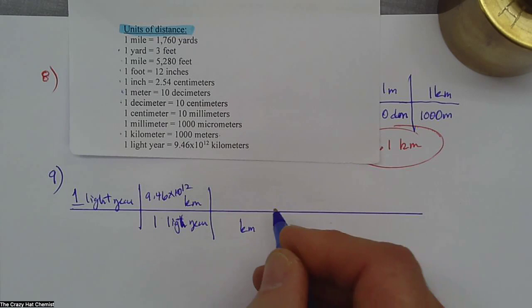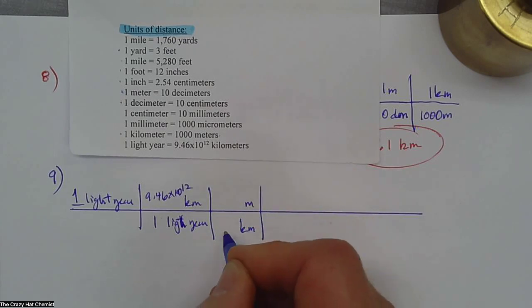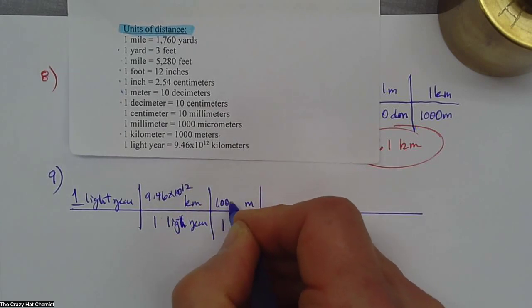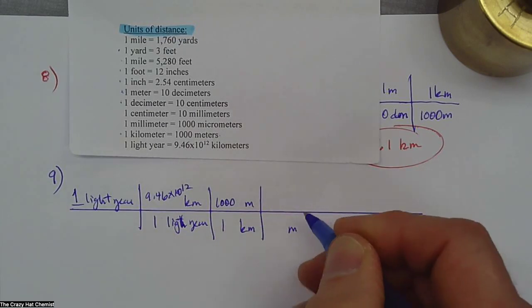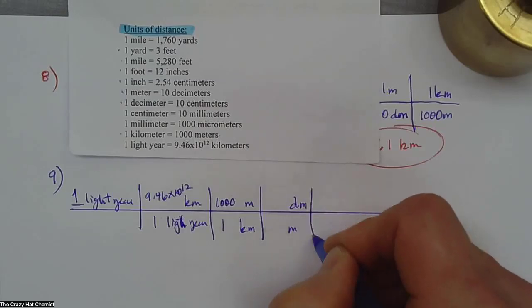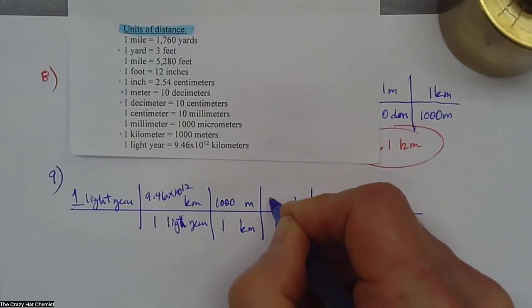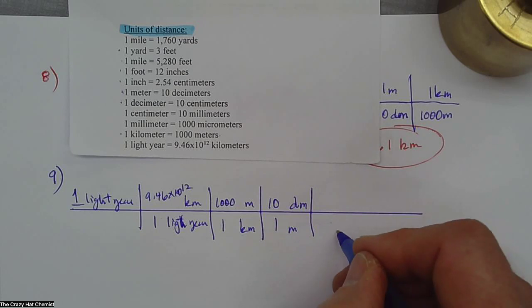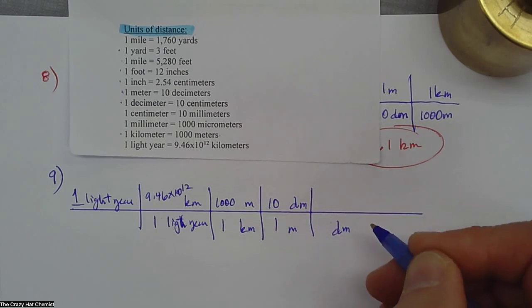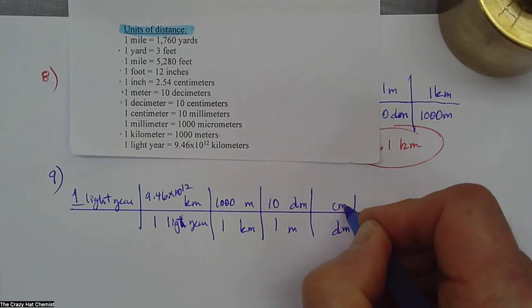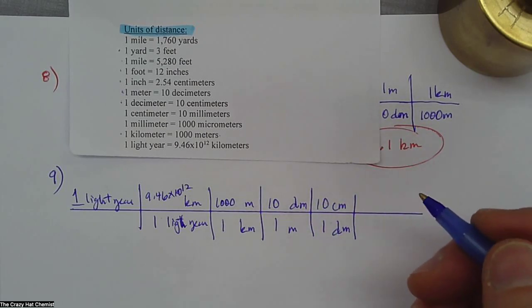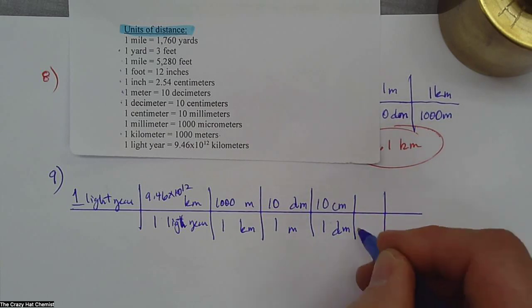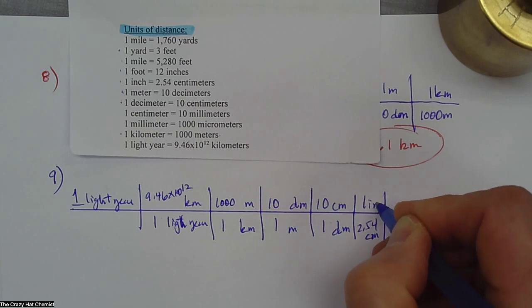Then we're going to have kilometers to meters: 1 kilometer, 1,000 meters. And then meters to decimeters, and 1 meter has 10 decimeters. And decimeters to centimeters: 1 decimeter, 10 centimeters. And we're looking for inches, so we can finally do that now. 2.54 centimeters equals 1 inch.